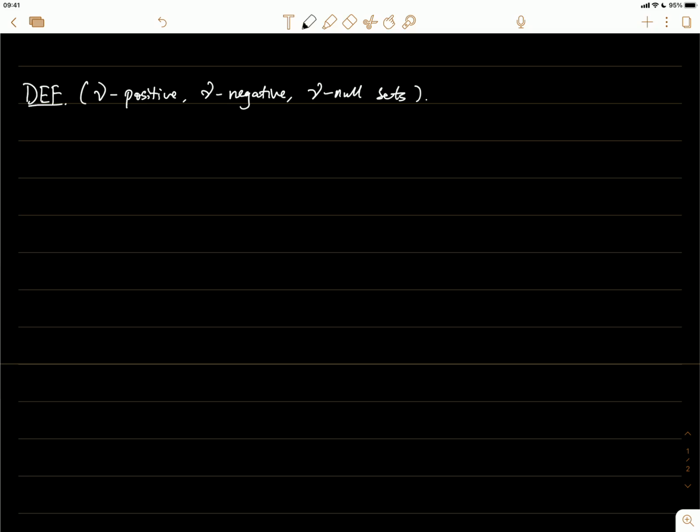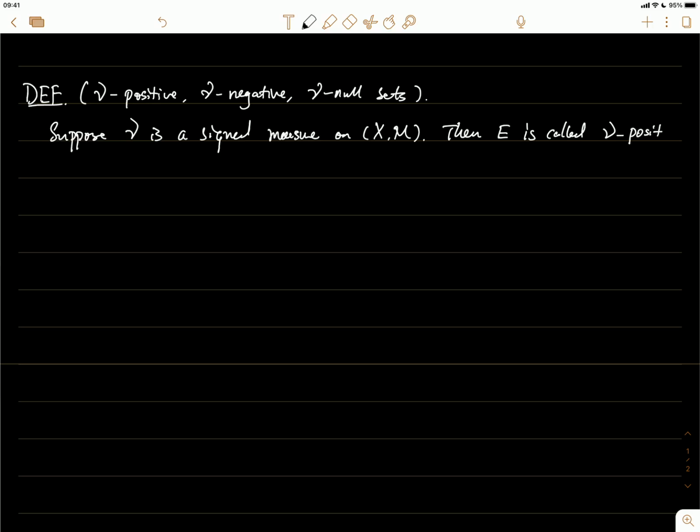Okay, so what this means is, suppose we have a signed measure defined over a measurable space. Suppose nu is a signed measure on this measurable space. Then we say this E is called nu positive if for any subset of E, the measure of this set is non-negative.